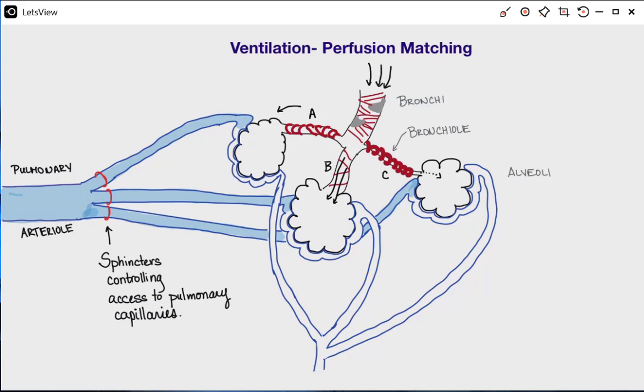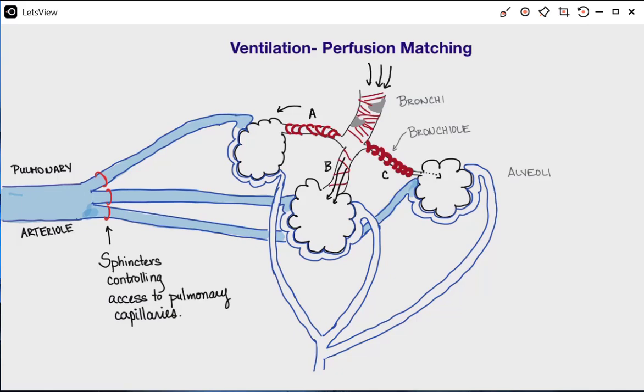So based on this drawing, which alveolus do you expect to have the highest partial pressure of oxygen? B. B will have the highest partial pressure of oxygen because it's getting the most fresh air. And because it's getting the most fresh air, it's also getting the highest infusion of new oxygen.